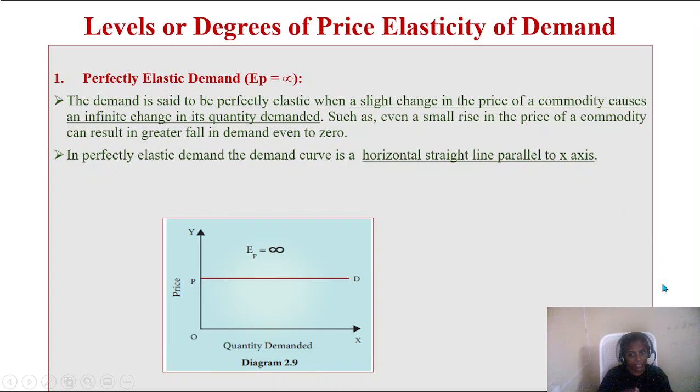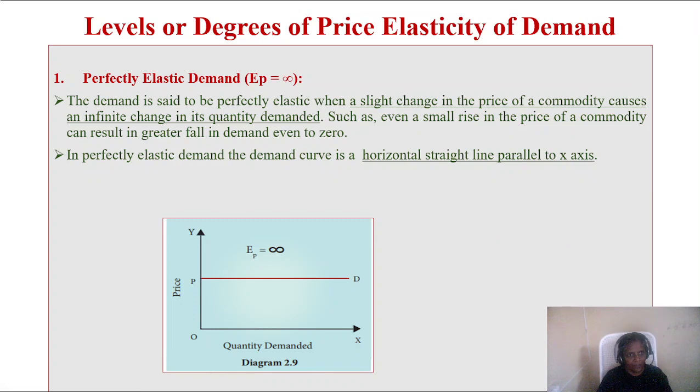Whenever there is a change in the price level, there will be different degrees of change in the quantity demanded. The first one is perfectly elastic demand, EP is equal to infinity.